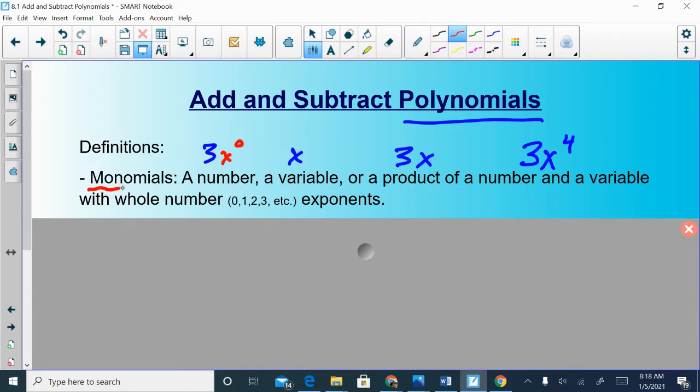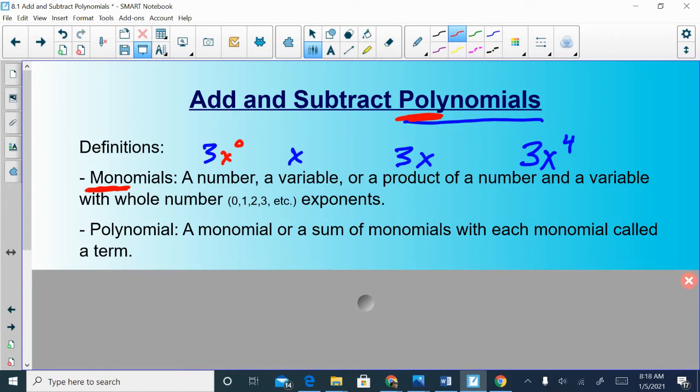Mono, of course, means 1. You guys should know that prefix, mono meaning singular and poly meaning many. So when we talk about a polynomial, all we're going to be talking about is many of these, multiple of these, right? So a polynomial is either a monomial, like these, or the sum of these. So we start adding them together.